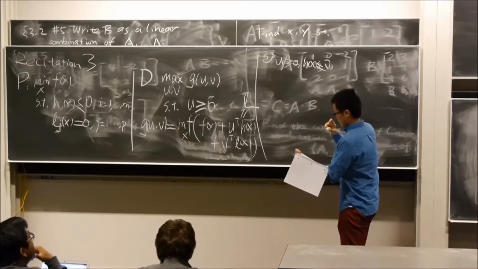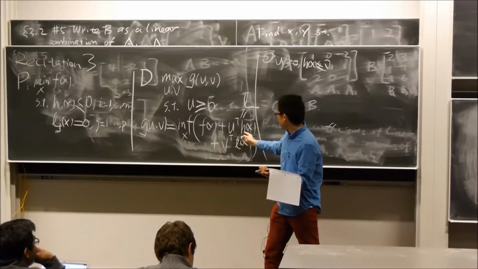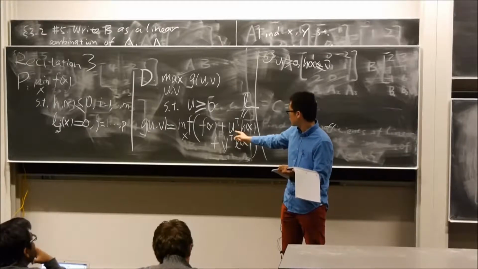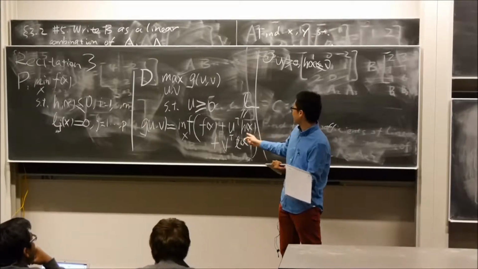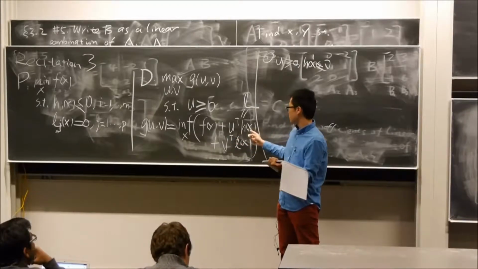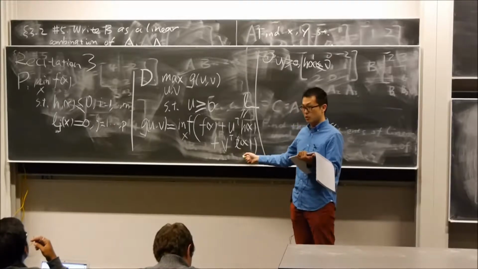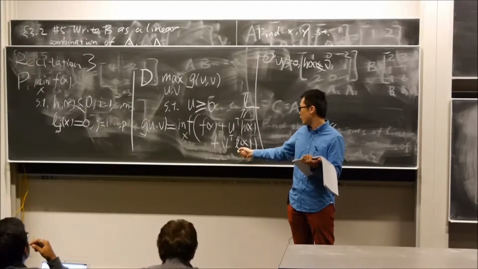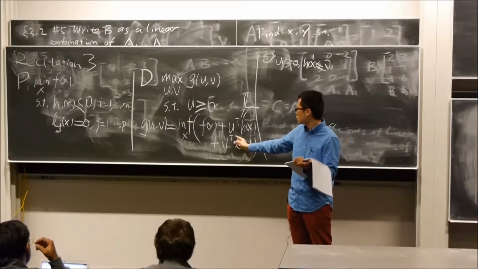Okay. So we know that u transpose h(x) will always be smaller than or equal to 0. And for all the feasible solutions, l(x) should be 0 according to the primal constraints.